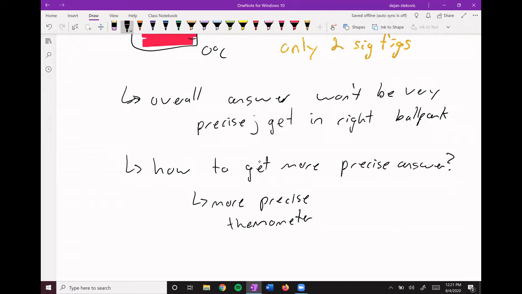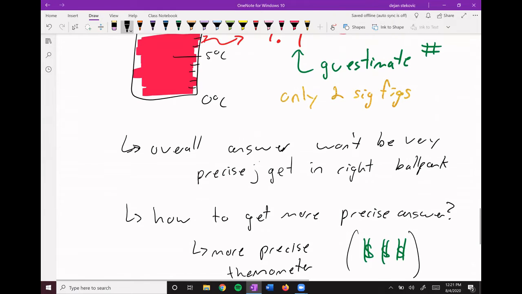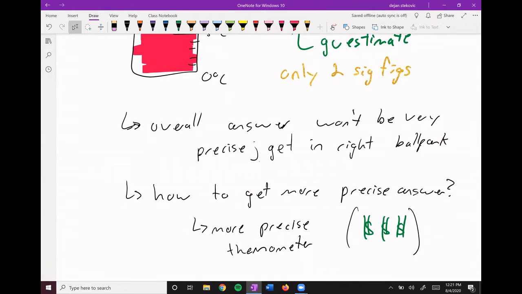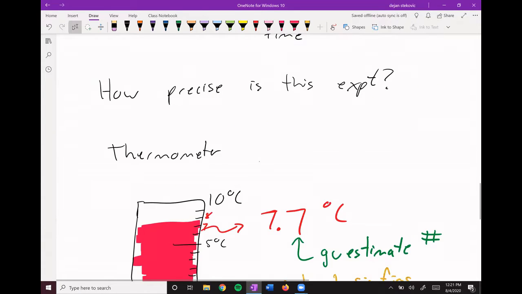Maybe one that's been calibrated to do 0.1 degrees instead of 1 degree intervals. And so you might be asking, well, why don't we use a more precise thermometer? And that's because the more precision your instrument has, the more money it costs, right? So there's practical limitations here. But overall, it's a very cool experiment. You'll see the colligative properties here. You'll see that they do indeed work, and we'll get in the right ballpark for our answer, which is very nice.